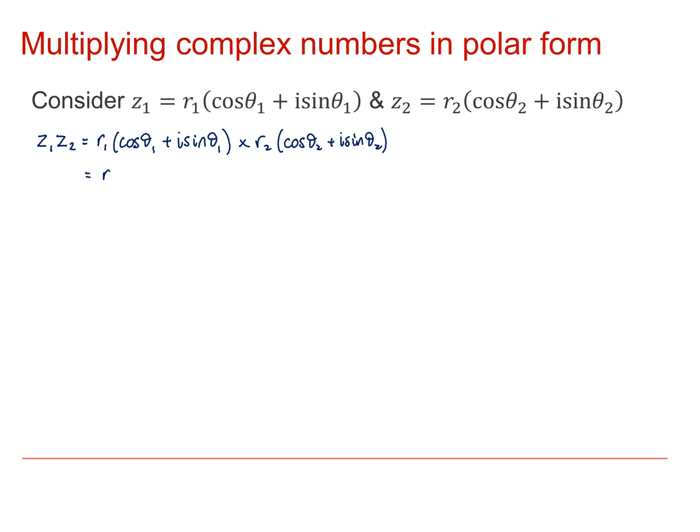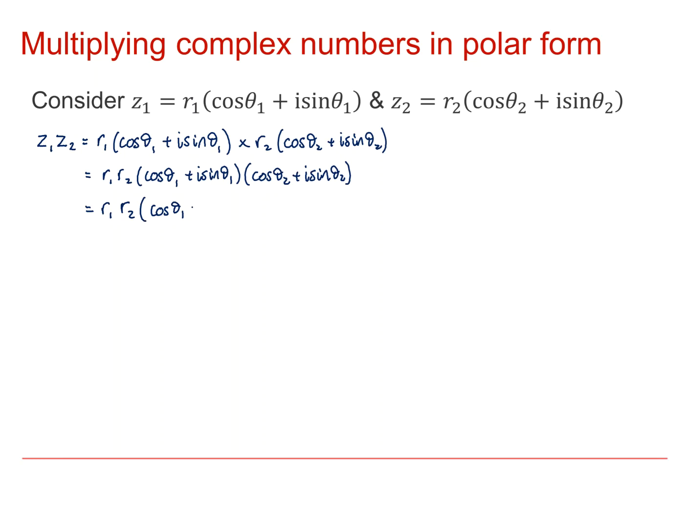That's just the product of four numbers, so we can rearrange the order. And now we can multiply out the brackets.